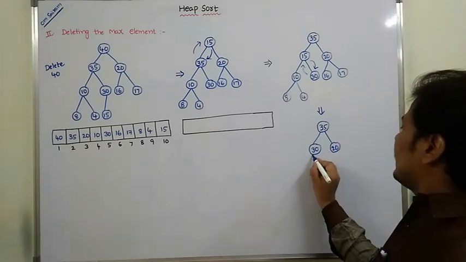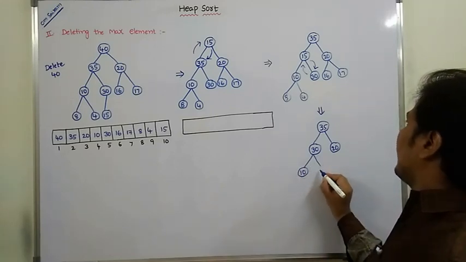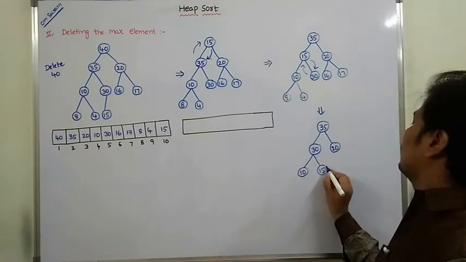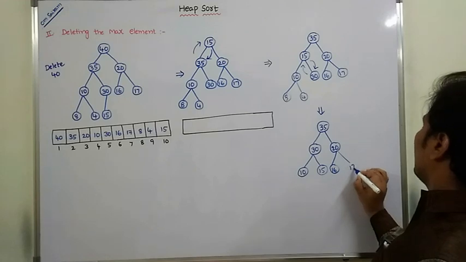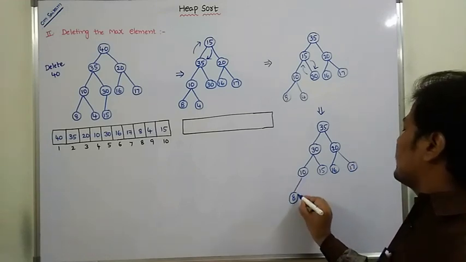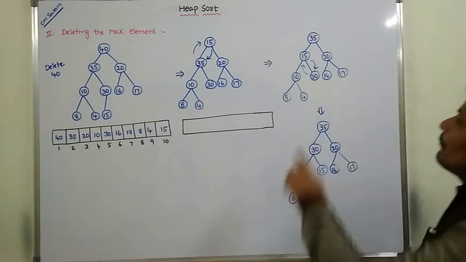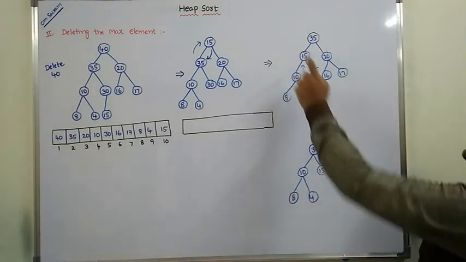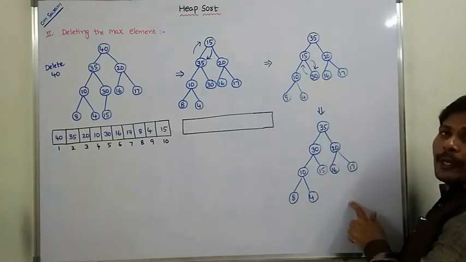Next, 30's left child is 10 and 30's right child is 15. And here 20's left child is 16 and 20's right child is 17, and 10's left child is 8 and 10's right child is 4. So after performing the swap between 30 and 15, now this is the maximum heap we are getting.